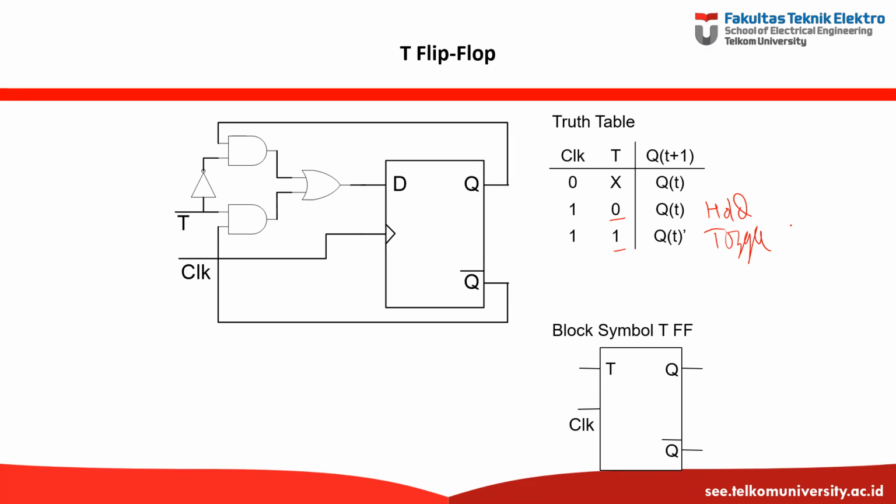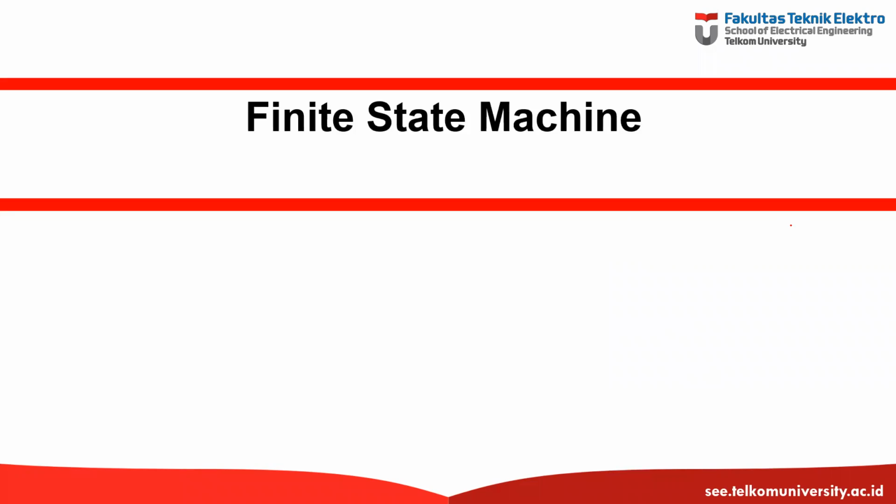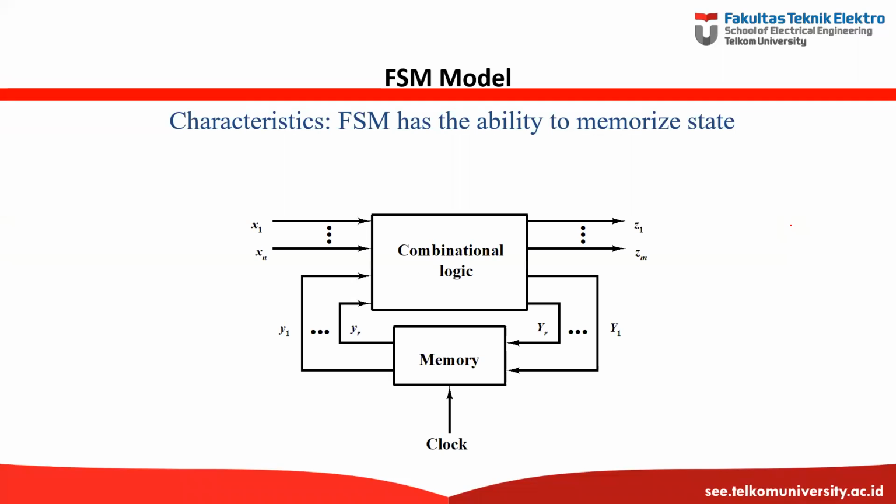Okay, this is what we learned from the previous class: data flip-flop, JK flip-flop, and also the toggle flip-flop. Now, the sequential machine. In this case, we're going to call it a finite state machine because it has a finite number of states, not unlimited. We can have several states for the machine.